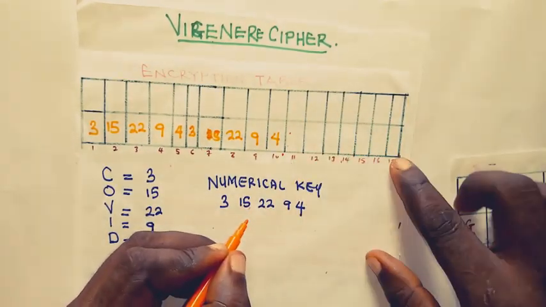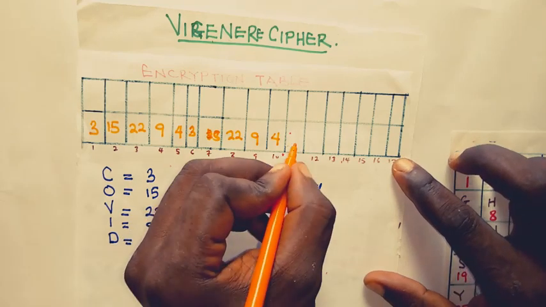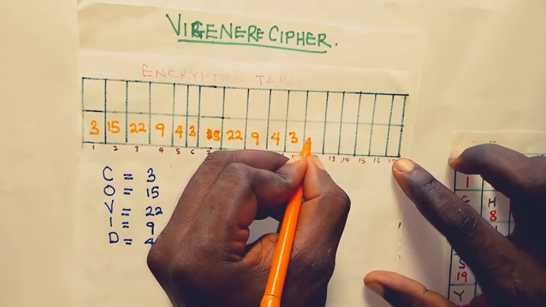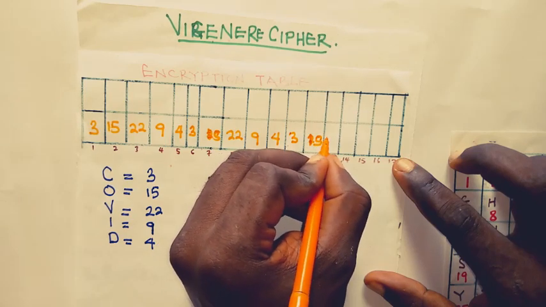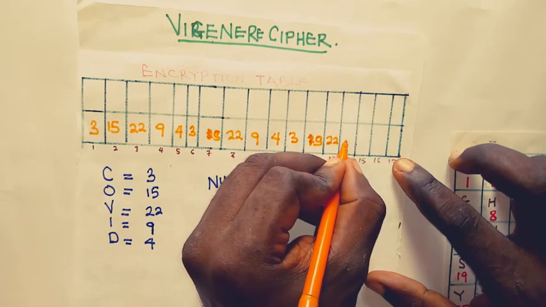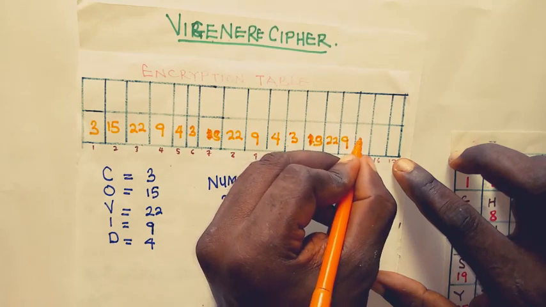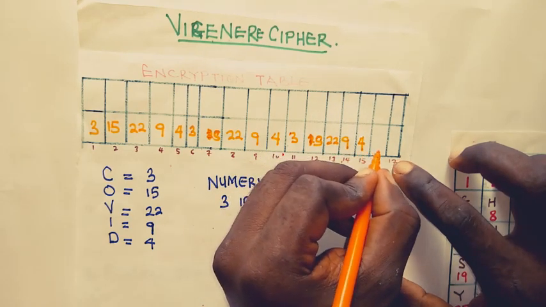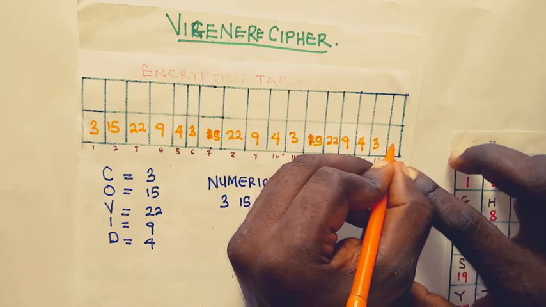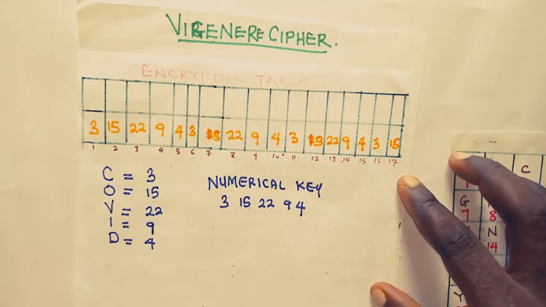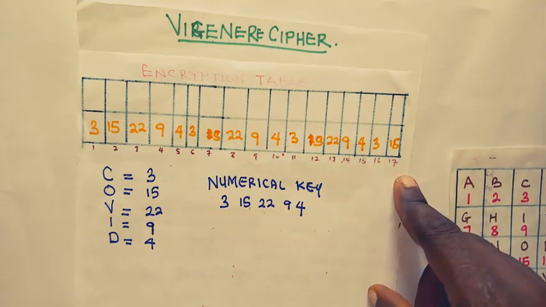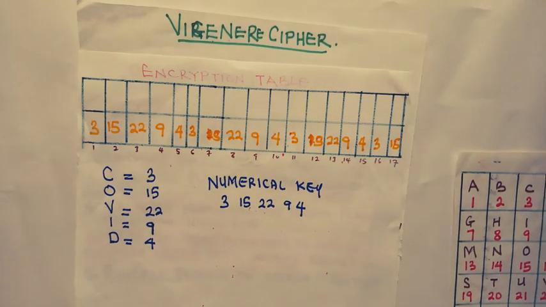Now I still have more spaces on the encryption table, so I repeat it again: 3, 15, 22, 9, 4. I still have 2 more spaces, so I just repeat it again: 3, 15. So I've gotten to the end of my encryption table, and I will stop at that point.